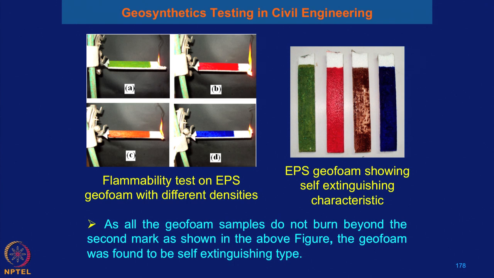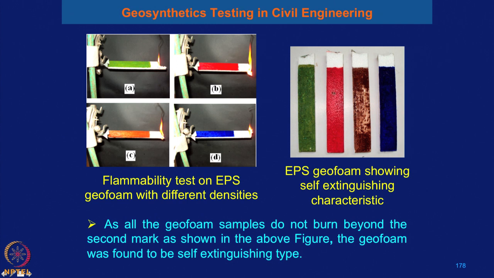After the test, you can see that the flame reached up to this, not beyond this. That means the EPS geofoam shows self-extinguishing characteristics. It goes here, not beyond this. For the next density, you can see it reaches here, not beyond this line. It reaches here, not beyond this line.